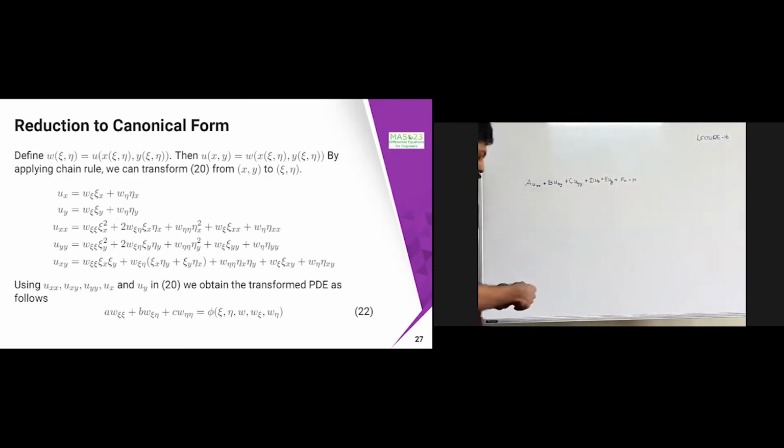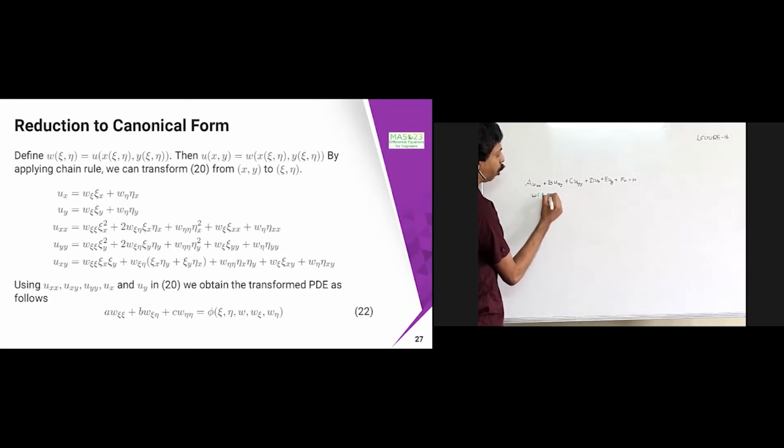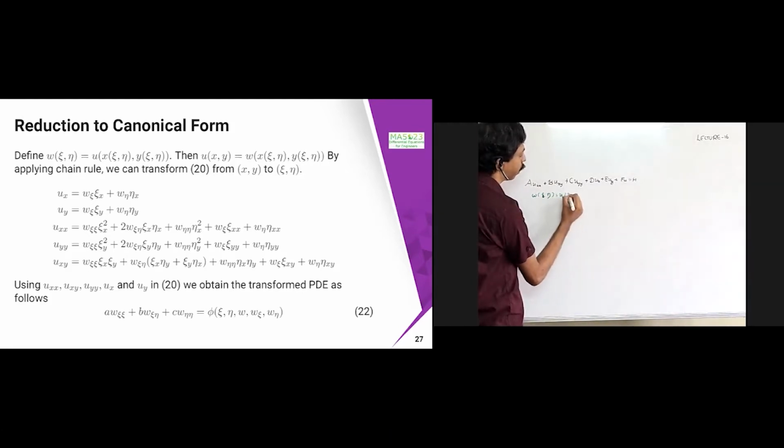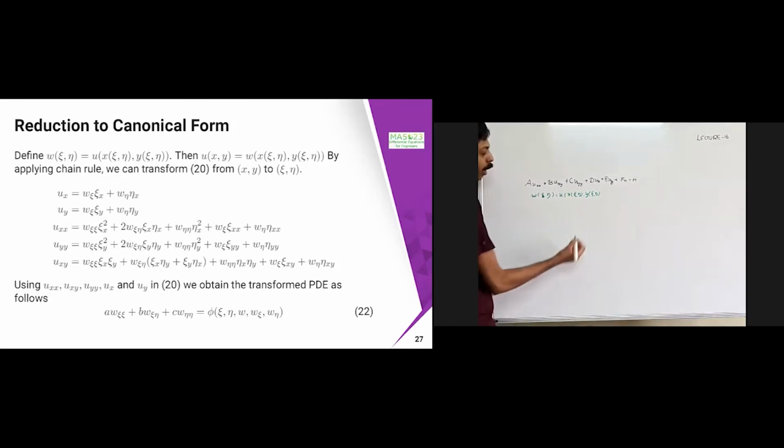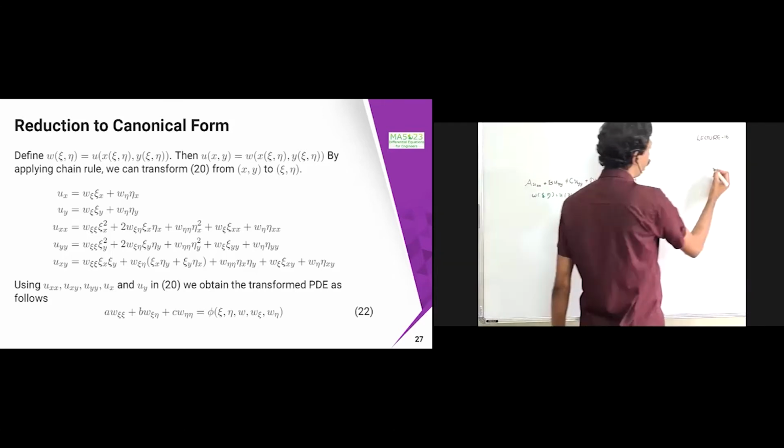In this case, we have W of chi comma eta. I'm going to transform it to a new problem. W of chi comma eta can be written as U of x of chi comma eta, y of chi comma eta. Since chi is chi of x comma y, the inverse transformation also exists. Therefore, x can be written in terms of chi comma eta, and y also in terms of chi comma eta.